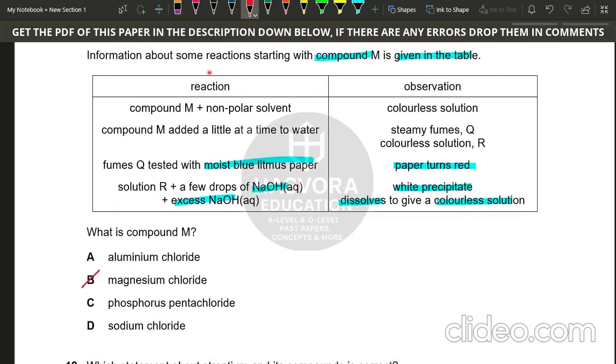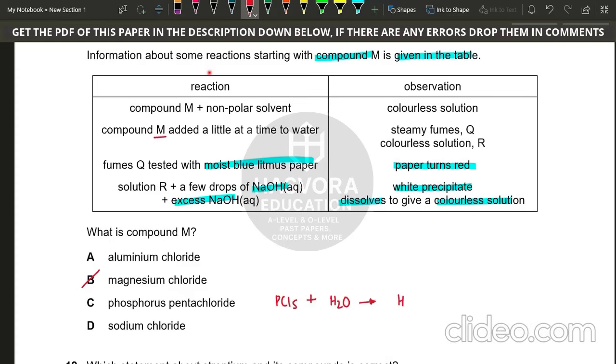For example, if compound M is phosphorus pentachloride, I just add it to H2O, because they have said that compound M is added a little at a time to water.